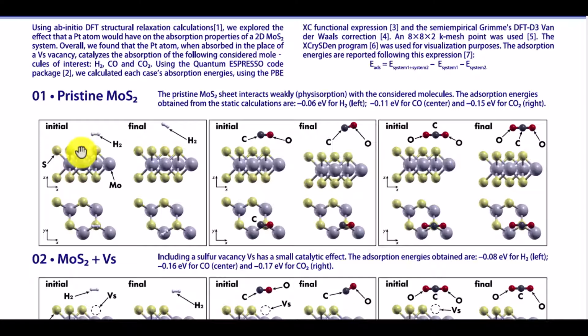For a more detailed account, the unit cell in this case consists of 12 atoms, of which 4 are molybdenum atoms and the rest are sulfur atoms. This is a small unit cell, so that the calculations are not very long, but it's not so small that we would have any spurious interaction.